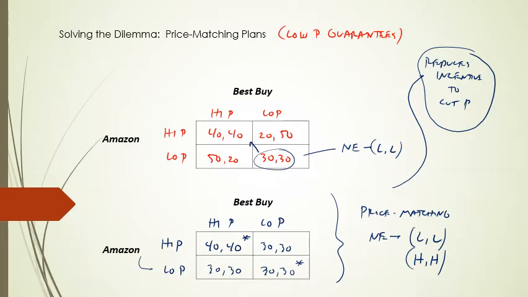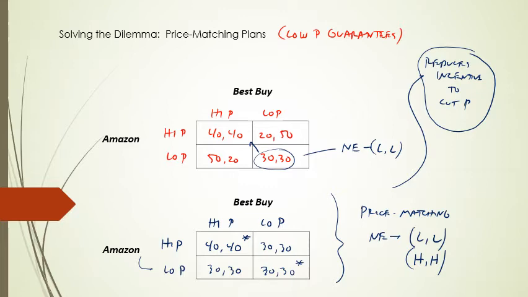And if you've already purchased the product from there and bring in evidence that the price is lower, they will give you a refund for the difference. So these are price matching plans, or sometimes called low price guarantees. It works as an automatic punishment mechanism, because when a company is undercutting another company, that other company will automatically be able to match that with ads from that company that undercut.